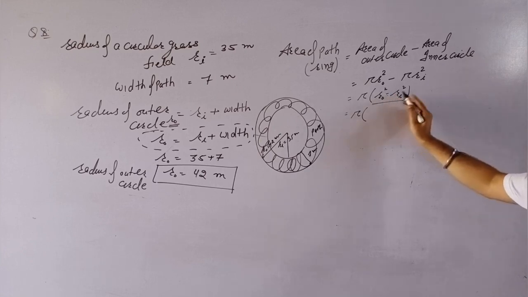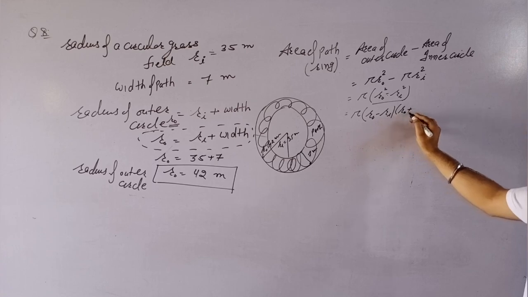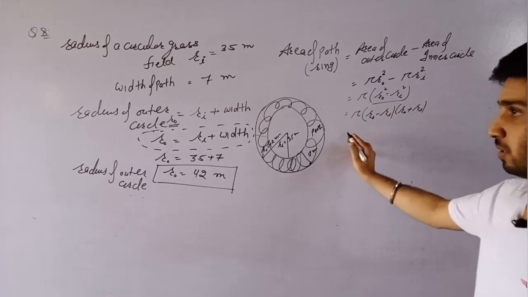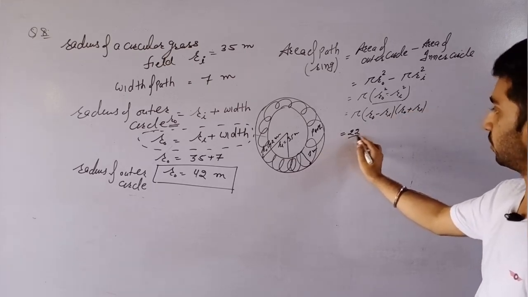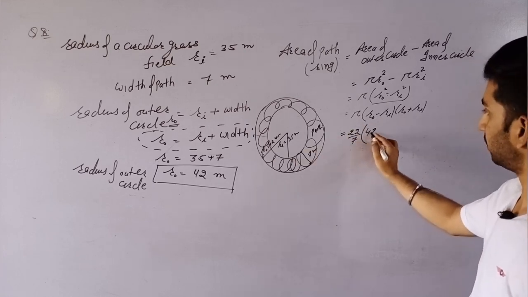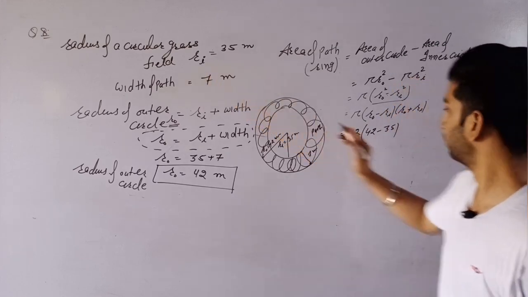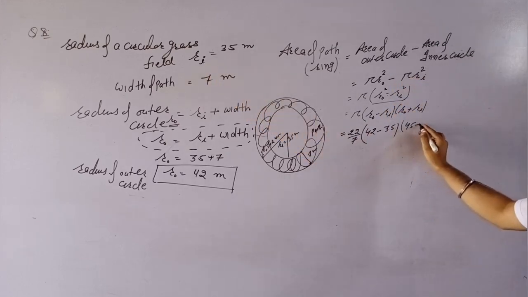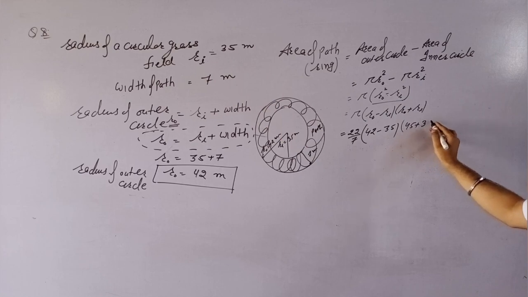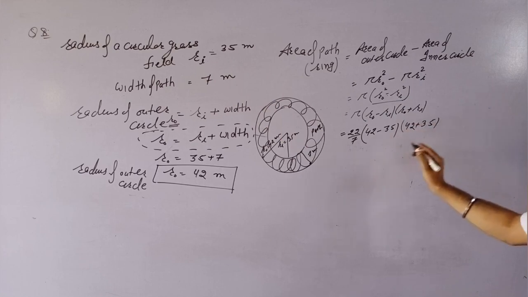A square minus b square is a minus b, a plus b. By putting the value with that 22 upon 7, our outer is 42 minus r inner is 35, r outer 42 plus r inner 35.